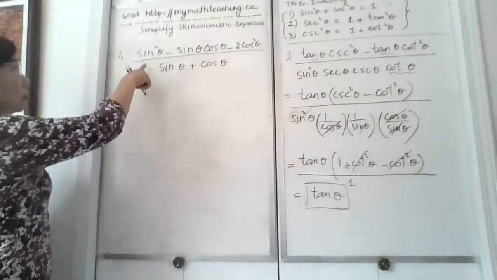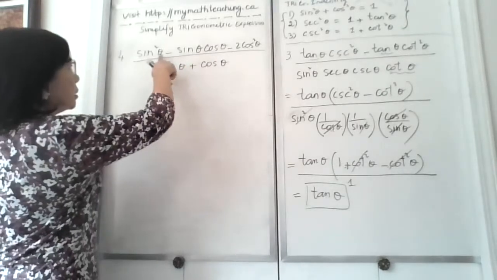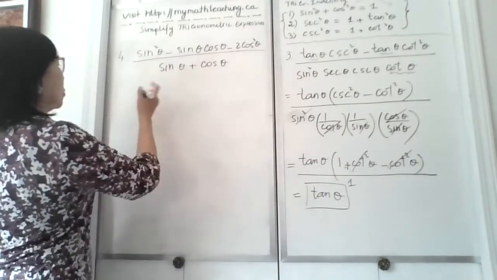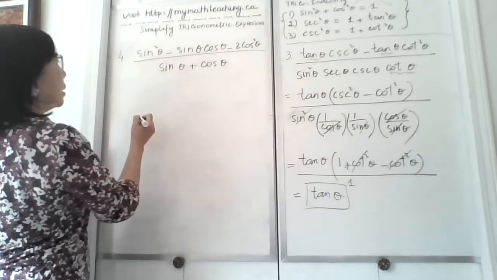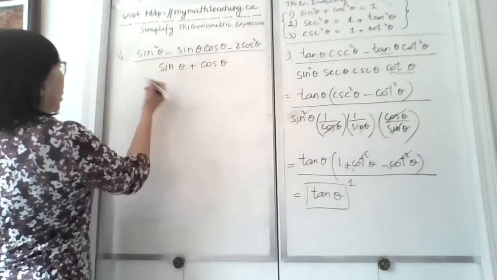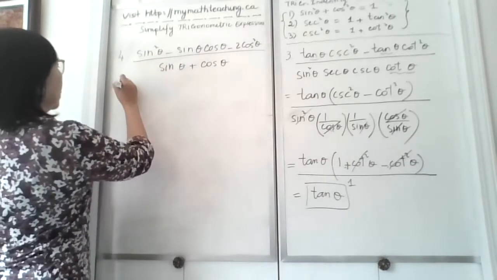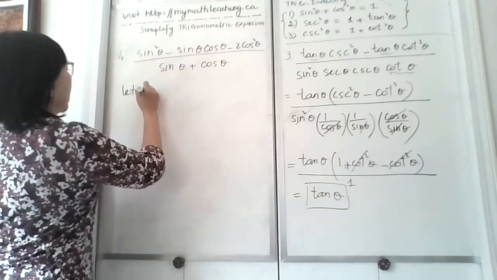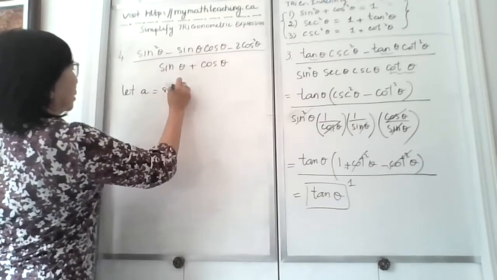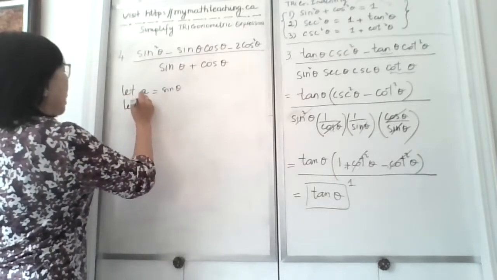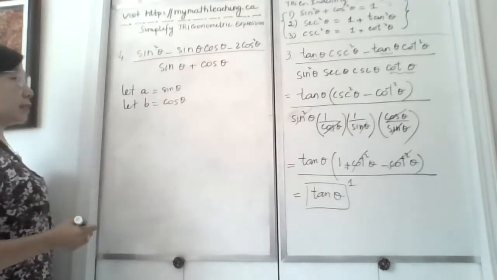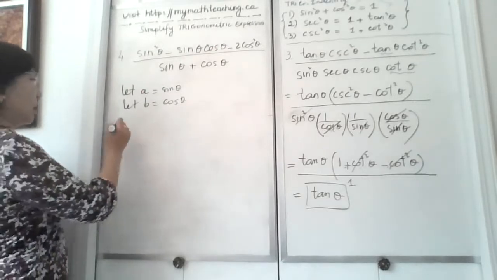Okay, now this looks like a quadratic function. I can rewrite it in terms of a quadratic, so let's say A equals sine theta and B equals cos theta, to make it look easier for you.